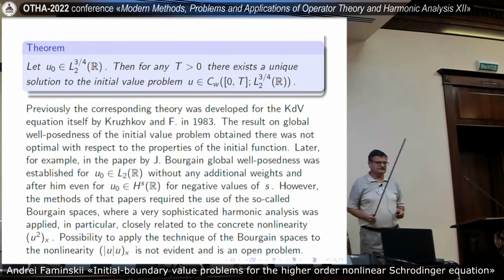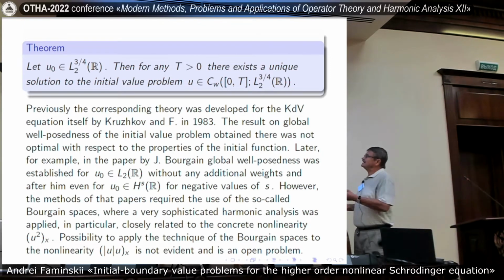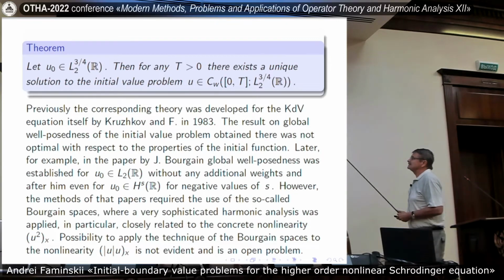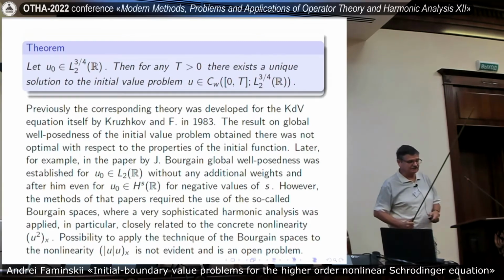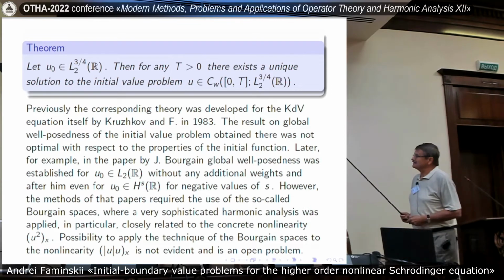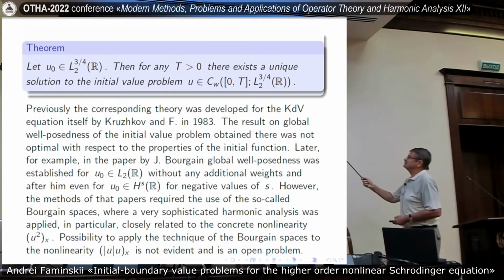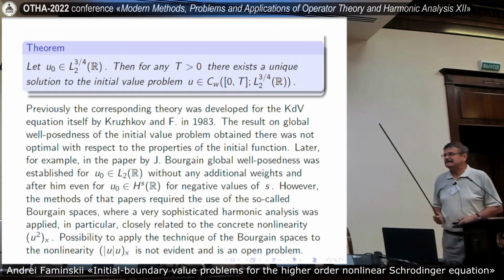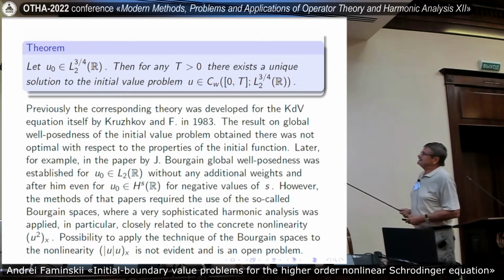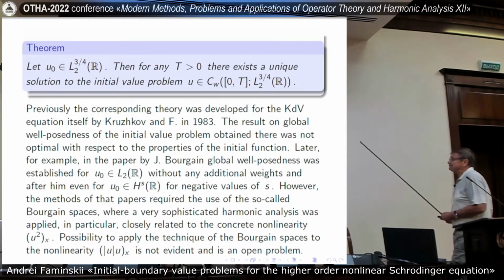Here my study uses the ideas of the corresponding investigation of the Korteweg-de Vries equation, which was done by me and my scientific advisor Stanislav Nikolaevich Kruzhkov in 1983, and this peculiar number 3/4 also appeared, and for the Korteweg-de Vries equation the same result was obtained.